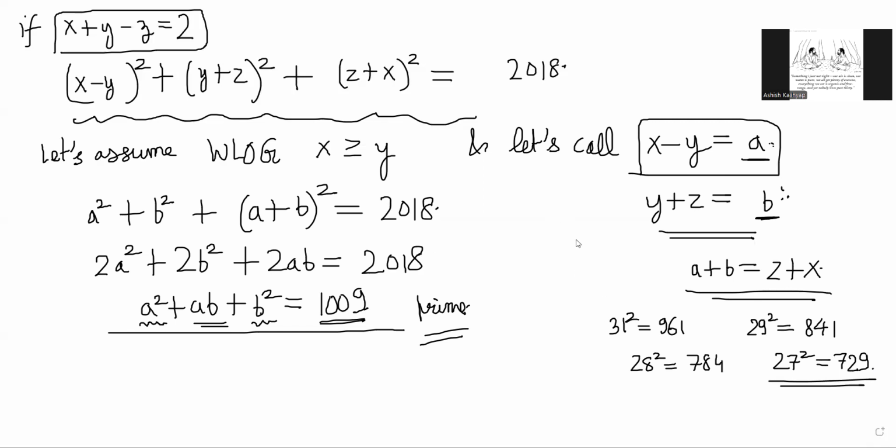One of the squares will be big, because y plus z is b, and this is the difference, so this has to be small. So some small squares also we can see. Basically, you have to guess a solution here. Only if you can guess a solution, you will get the answer.